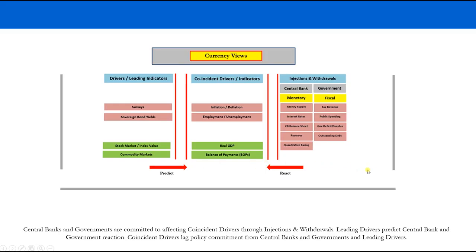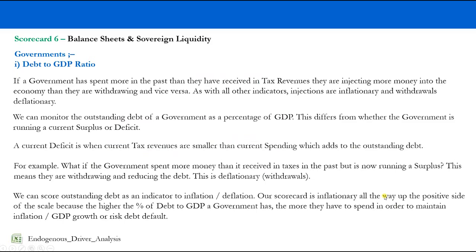We have reaction to both leading indicators and coincident indicators coming from the right-hand side in the form of injections and withdrawals from the central bank and the government. And right now, we're going to be gauging what they're actually doing, rather than using this data in an attempt to predict what they may do. So this becomes a big head check on the right-hand side to what we're looking at on the left-hand side and in the middle of our overall macroeconomic variables.